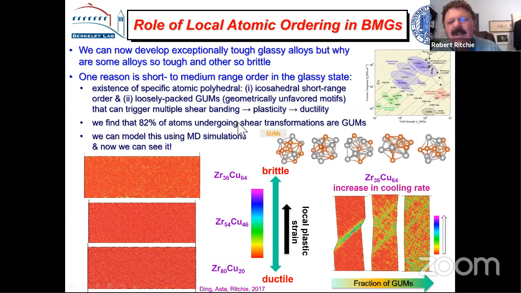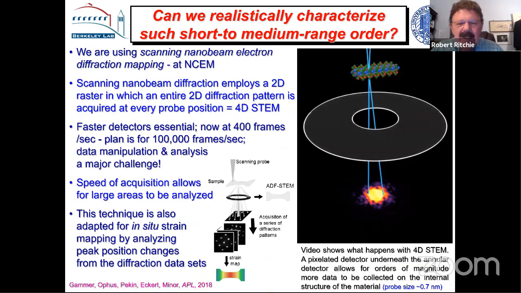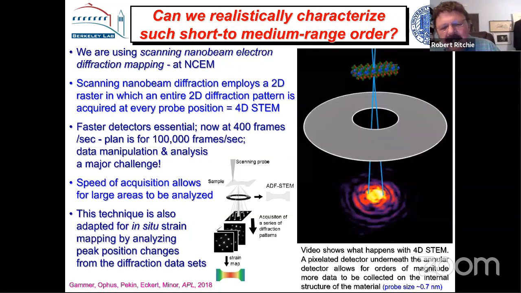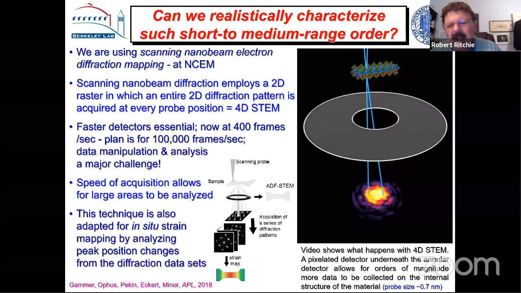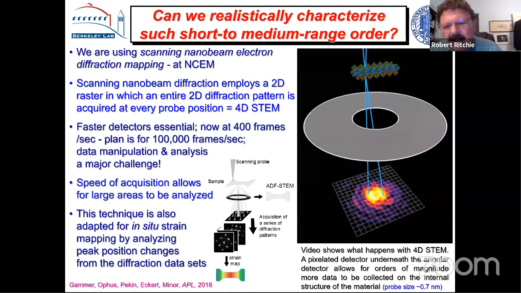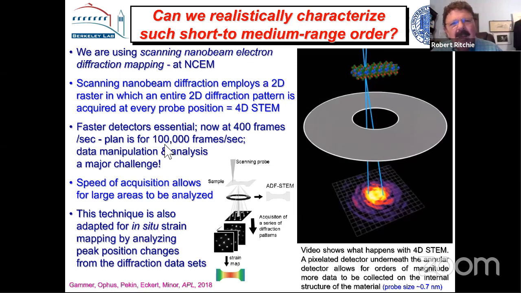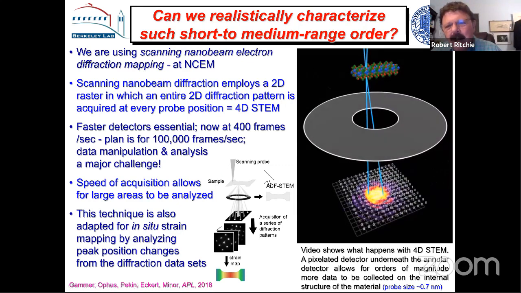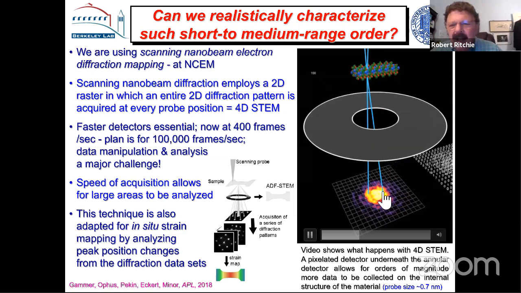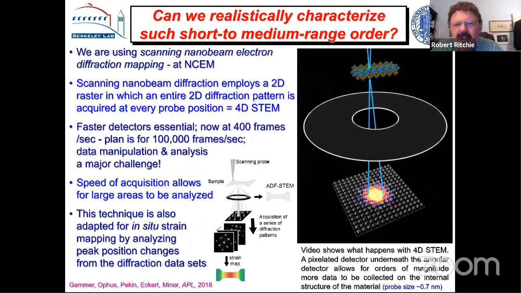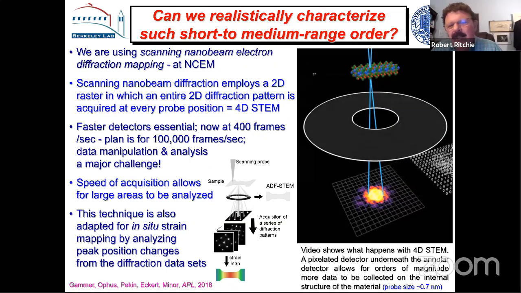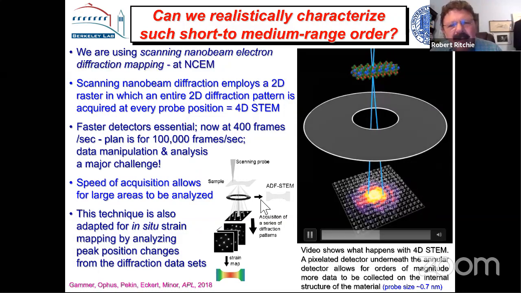So what we've tried to do is, can we actually see this in real time? And this is basically working with Andy Miner, who's part of my program now at LBL, who has at the National Center for Electron Microscopy. He's been developing lots of fascinating new techniques. And one of these things is this 4D STEM technique, where we can do multiple diffraction patterns over very small regions of material, typically just a small collection of atoms, but we can do these very, very fast.